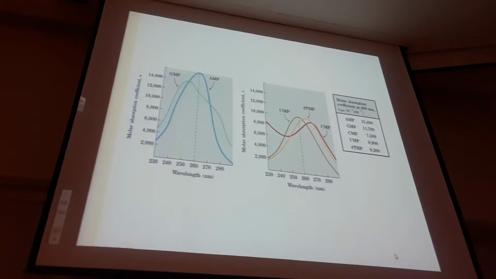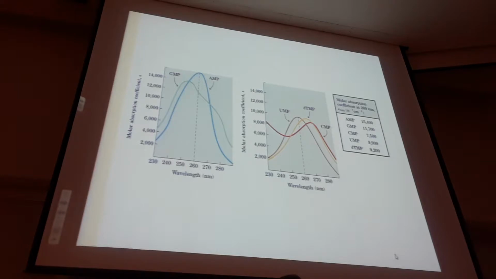And this is quite similar to what we saw for the aromatic amino acids, if you remember that in my little review of amino acids, peptides, and proteins. I also showed you absorbance spectra of the aromatic amino acids, and we saw that especially tryptophan and tyrosine absorb around those wavelengths, phenylalanine to a lesser degree.